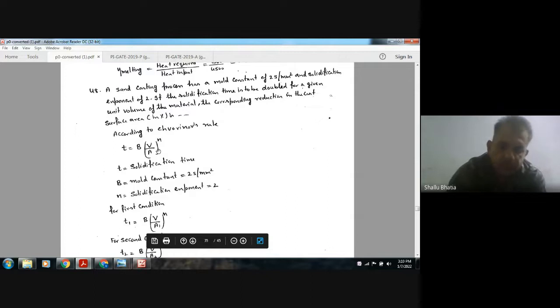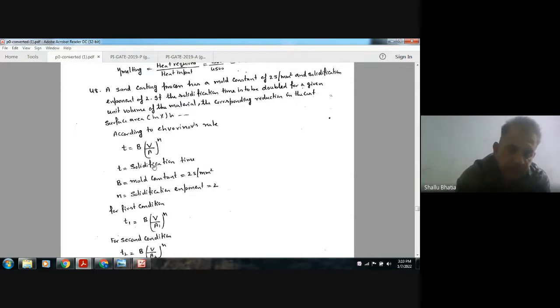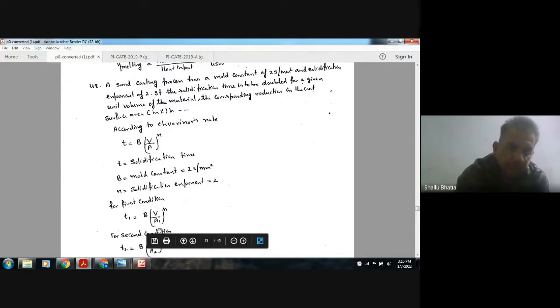So when the volume is V and area is A1, the time of solidification is this. In the second case, the solidification time will be double. Second case, the volume is constant and solidification time gets doubled.